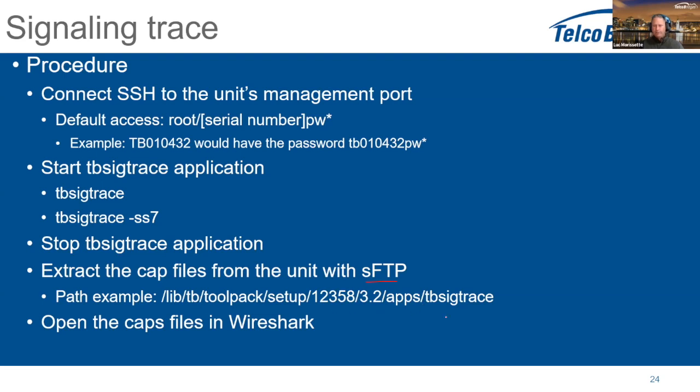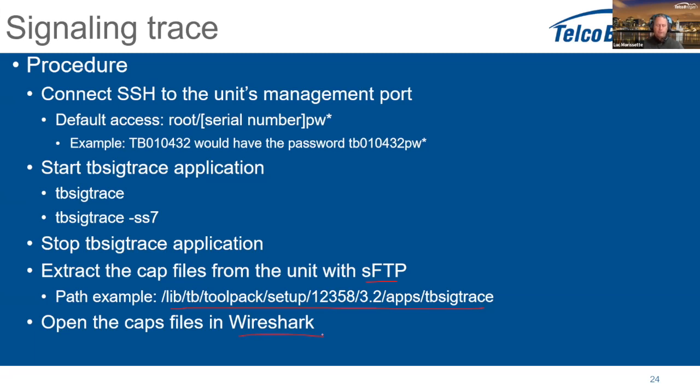You go to this folder, and the path is pretty long, but it's always the same path you will see in the other information we have. There are some shortcuts to get to this link, tb6 trace, because this is the tb6 trace application that we're using here. Then once you get those capture files, you can just open them in Wireshark.